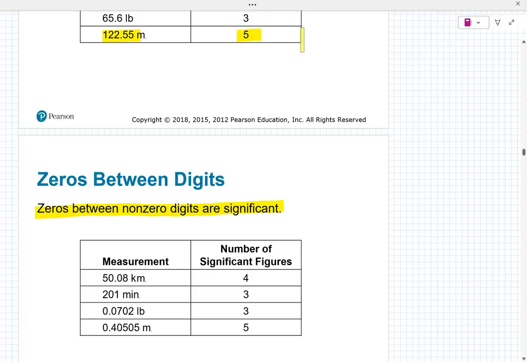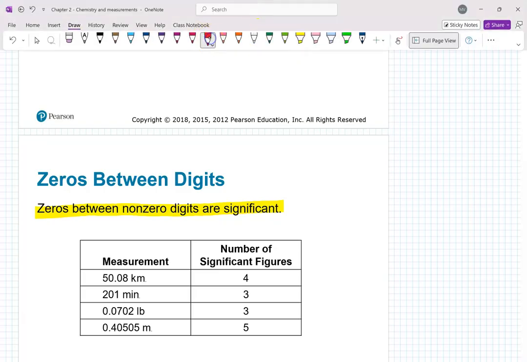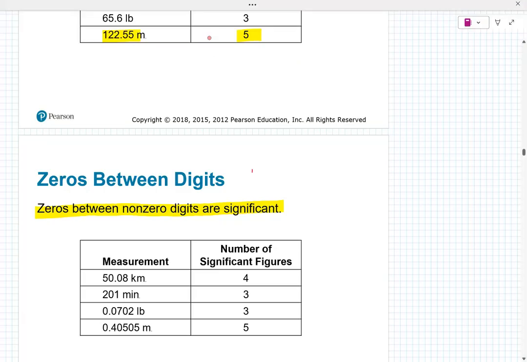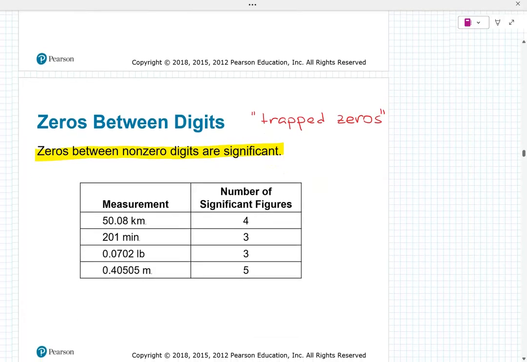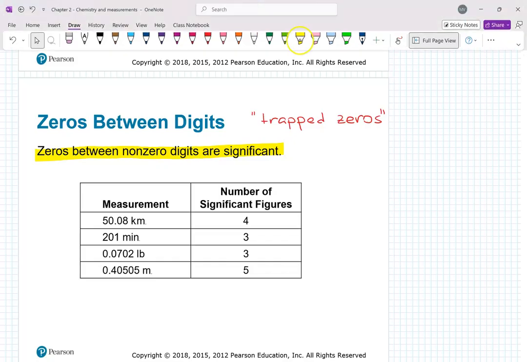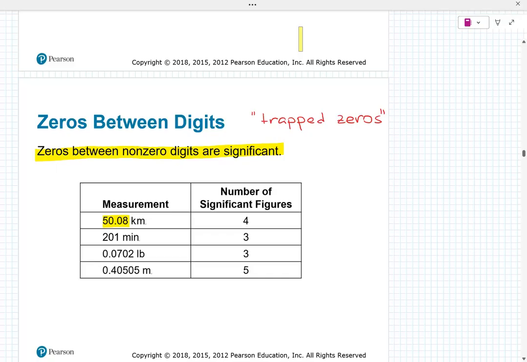Now, zeros between non-zero digits. The term for them sometimes is trapped zeros. So, if you look at the numbers provided in the table, these 2 zeros in the center, they're both trapped.